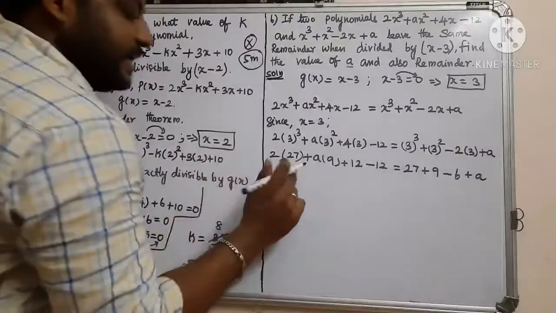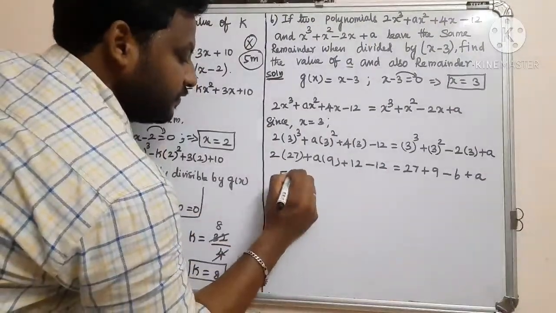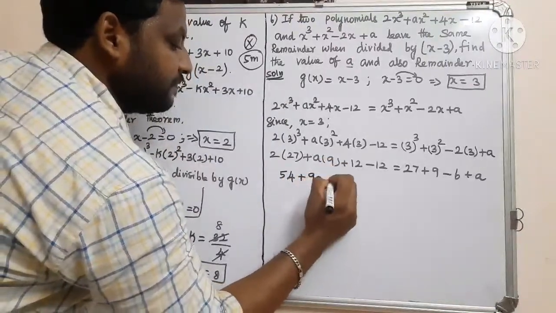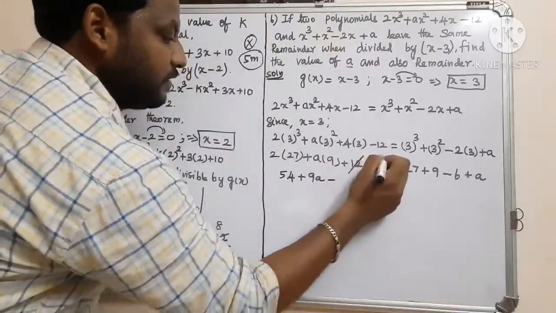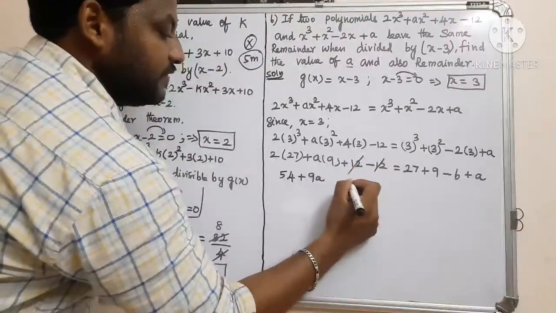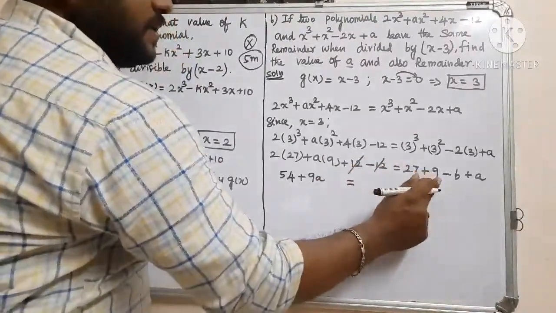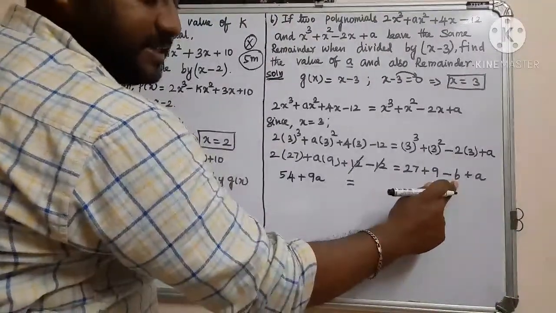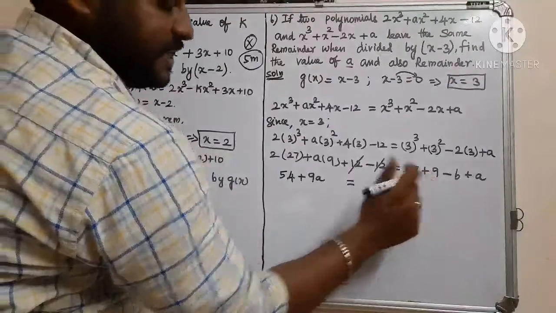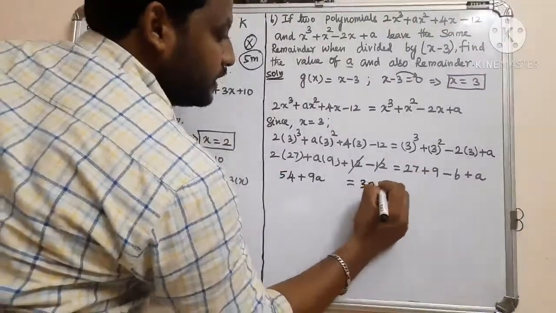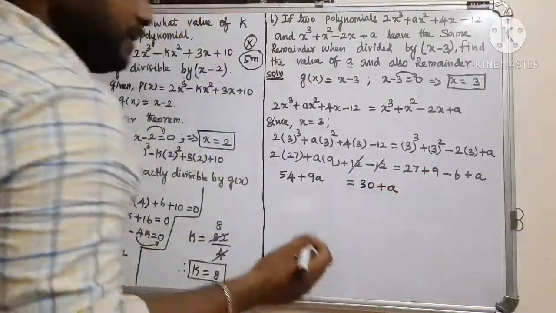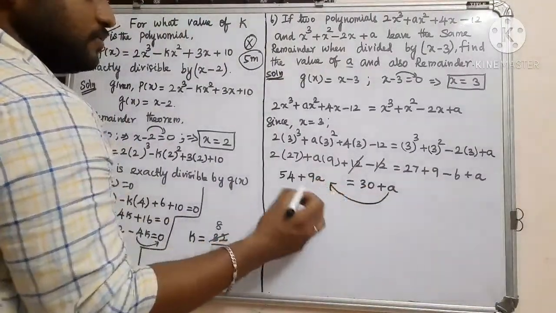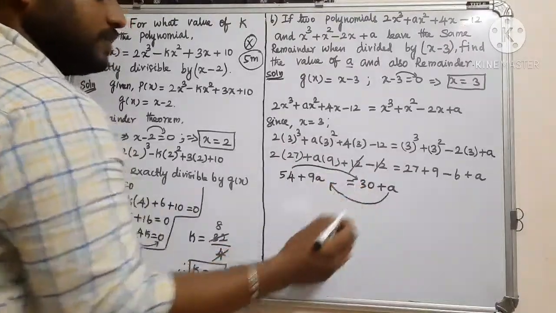So 2 into 27, that is equal to 54 plus a into 9, 9a plus 12 minus 12 will be cancelled, which is equal to 27 plus 9, or else 27 minus 6 is equal to 21, 21 plus 9 is equal to 30, 30 plus a. So now you have to shift a into this side, 54 into the next side.